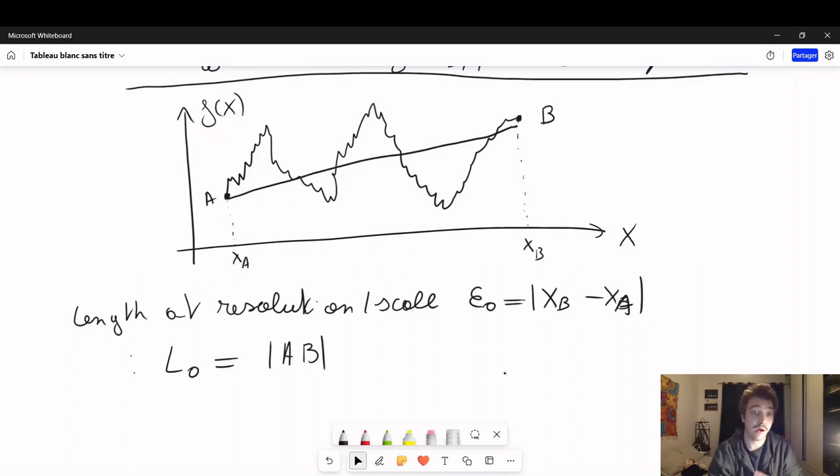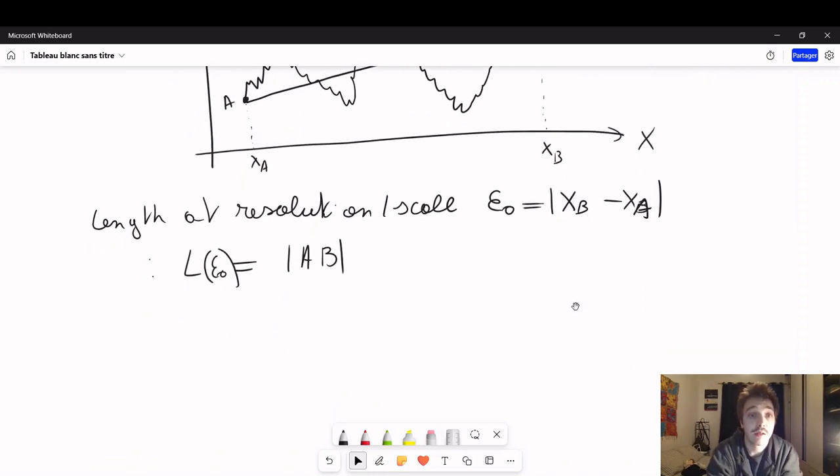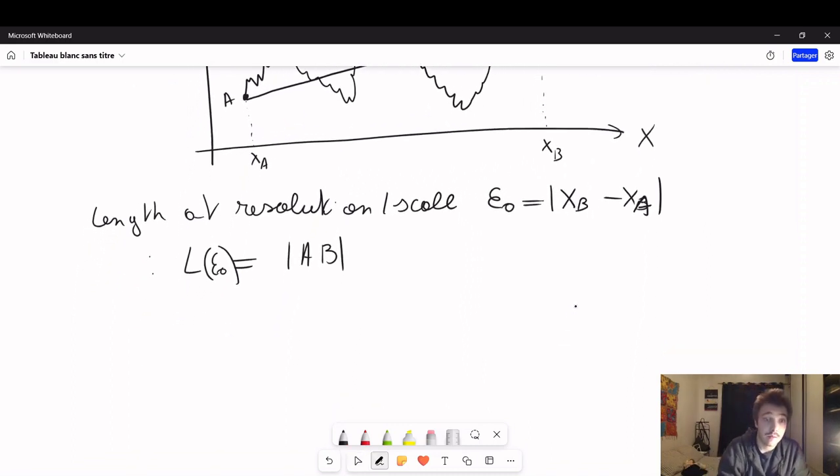That's going to be the length of the curve at resolution epsilon 0. And let me be a bit more explicit. I'm going to write it down as L as a function of the resolution. Okay? Now you repeat the same. So that's the first point.